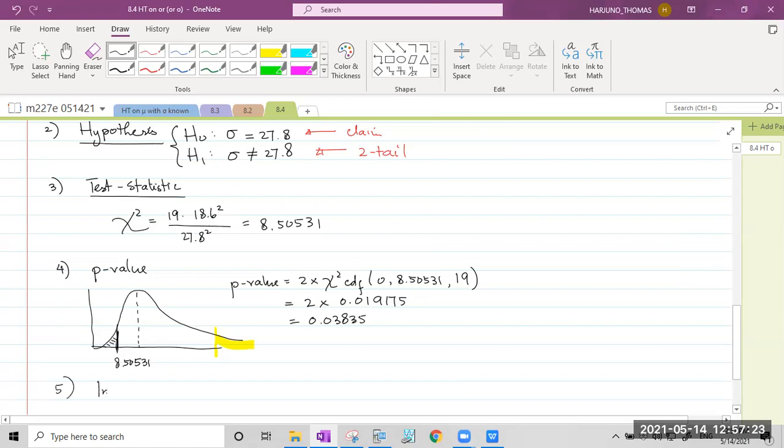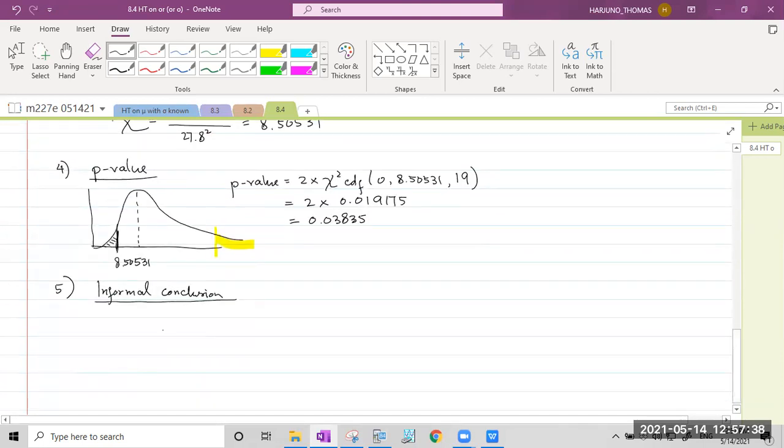So the informal conclusion will be reject the null hypothesis.